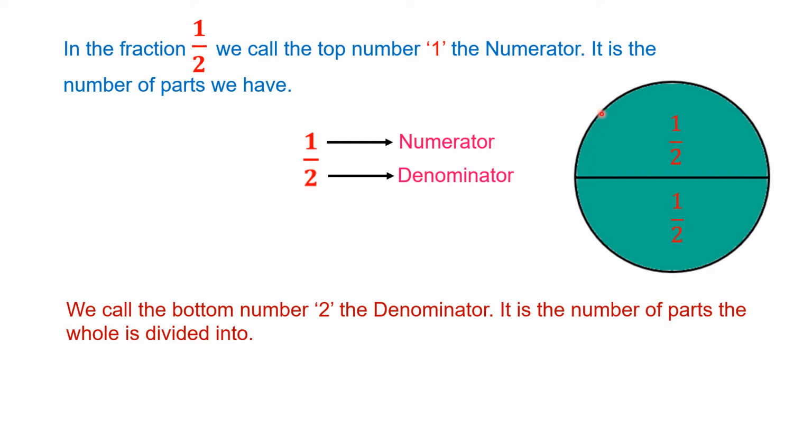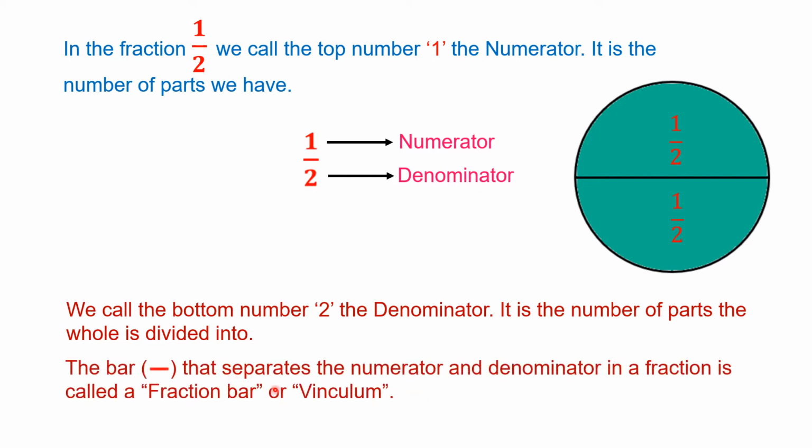Here, this circle is divided into two equal parts. So, 2 is the denominator. Here 1 by 2, the fraction. 1 shows one of two equal parts. 1 is called the numerator and 2 is called the denominator.